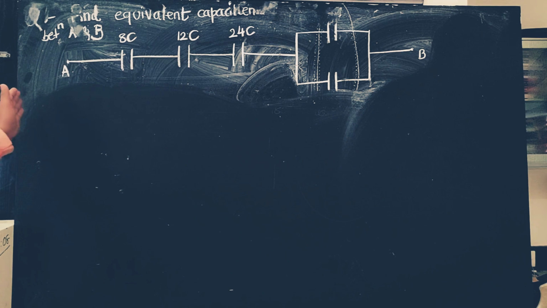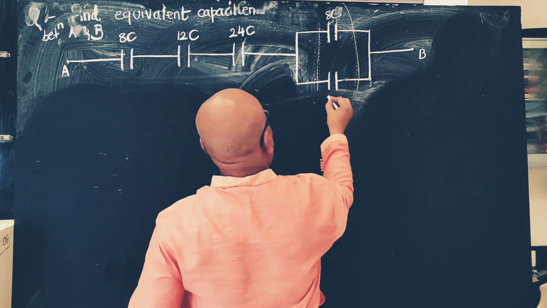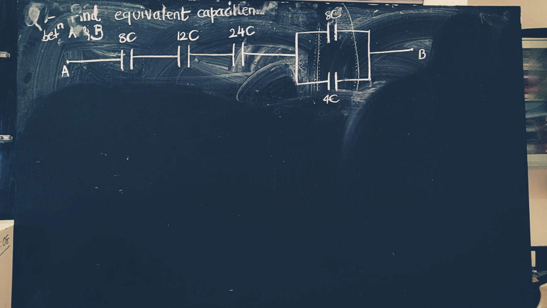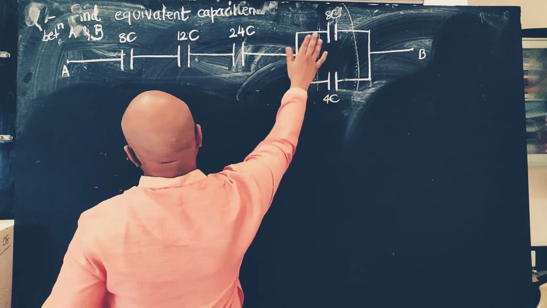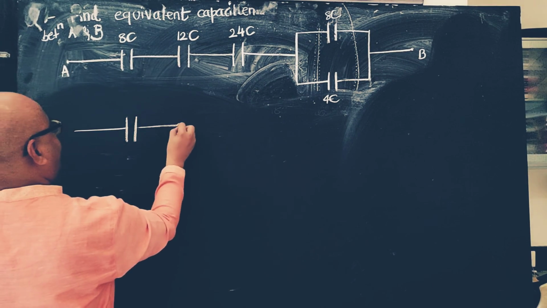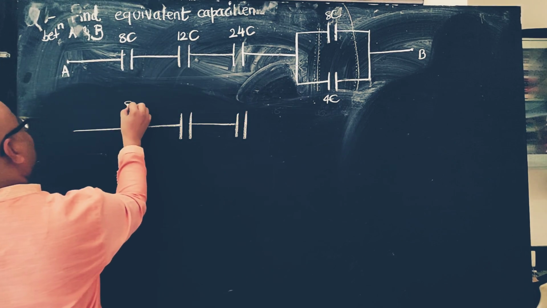Find equivalent capacitance between A and B. ये दिया 8C और ये 4C. Okay. Now how to solve such problems? The first thing, these three capacitors are in series and these two are in parallel. Whenever the capacitors are connected in parallel, it's very easy to find their equivalent capacitance.